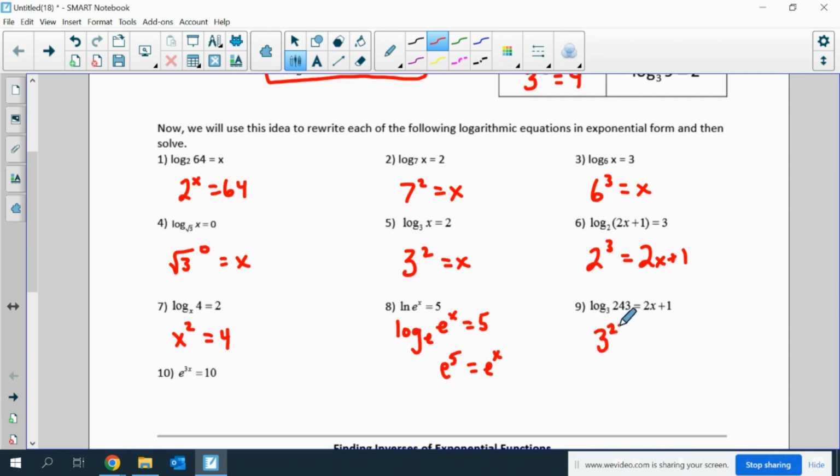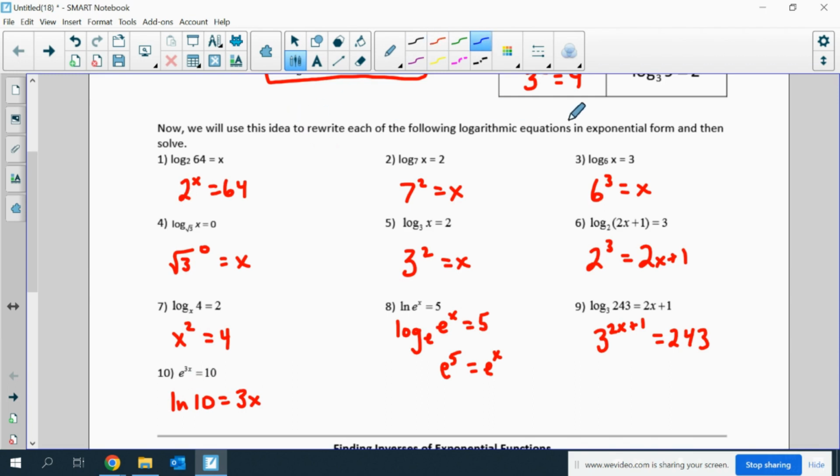This is 3 to the 2x plus 1 power is equal to 243. And this one is actually in exponential form. So this was the only one out of these 10 that's in exponential form. So we're going to rewrite it in logarithmic form. That would be natural log of 10 equals 3x when we take the natural log of both sides.